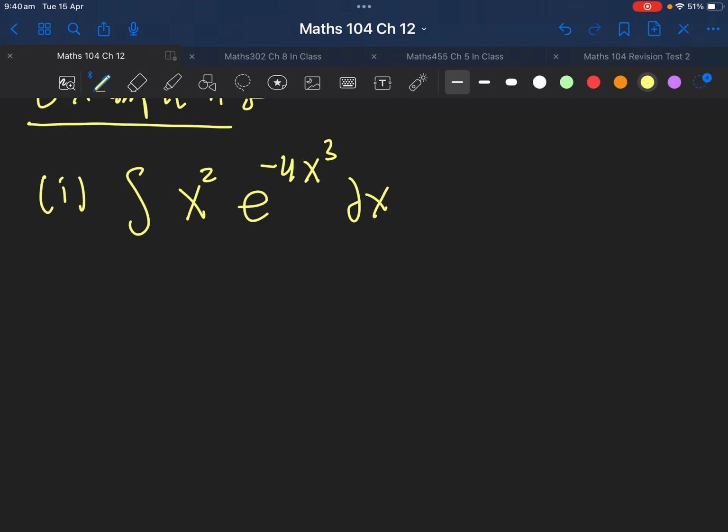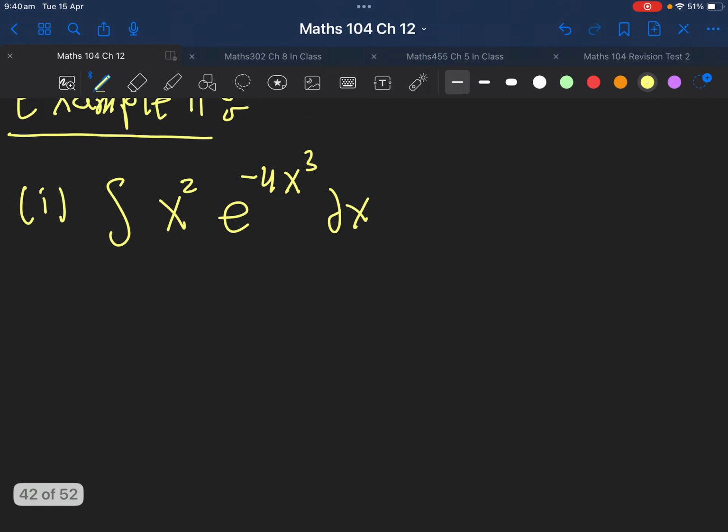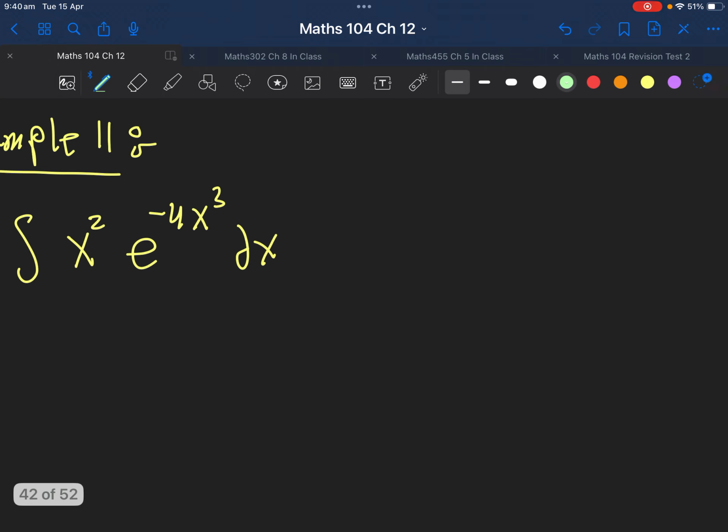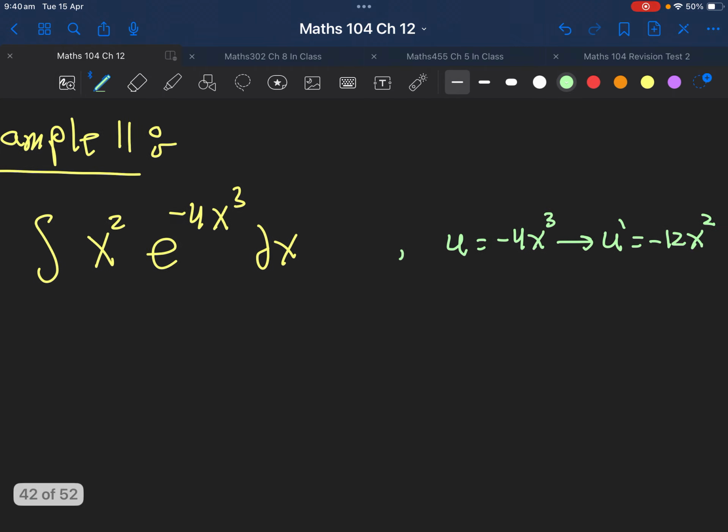Let me do it here. u equals negative 4x cubed. Ask yourself, what is u prime? Well, u prime will be negative 12x squared.